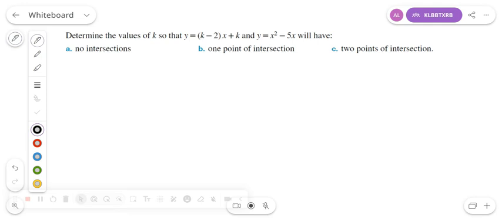So like we said before, this is my linear function, and this one is my quadratic. When the linear and quadratic are intersecting with each other, that basically means we're using exactly the same way as when we're looking for the roots.